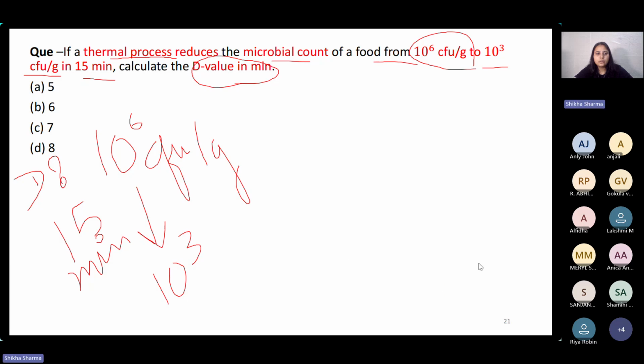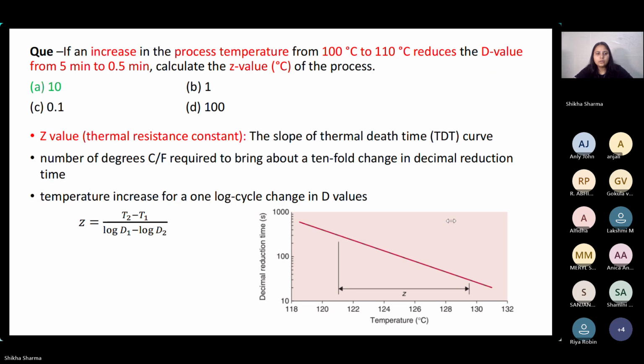Is anyone calculating this question? I'm so sorry.